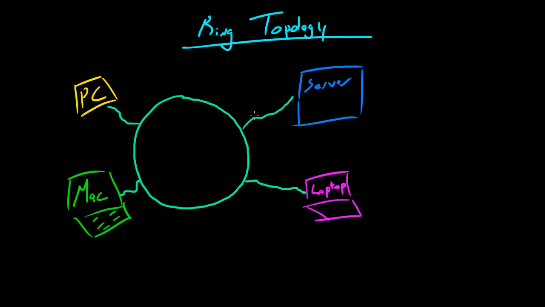Another thing is, if we look at how data is logically transmitted, say that this Mac right here wants to access this server over here. It would send out a request, basically send out data, and this data would go around the ring in one direction, and it would hit each node at a time.